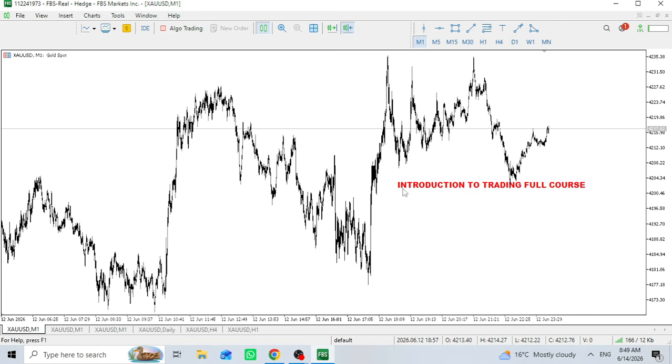The market is the liquidity. Now you have a broker who is connecting you to the liquidity, because you don't have direct access to the liquidity. Retail traders don't have direct access to the market. So that's where a broker comes in.